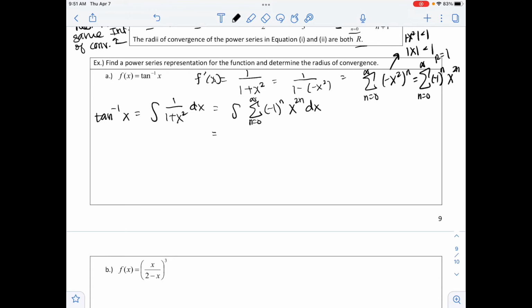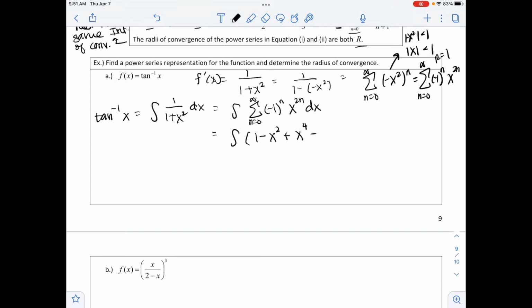And so this would be the same as the integral of, and evaluating this, so substituting in n equals 0, we would have 1. Substituting in n equals 1, we get minus x squared. Substituting in n equals 2, we have plus x to the 4th.